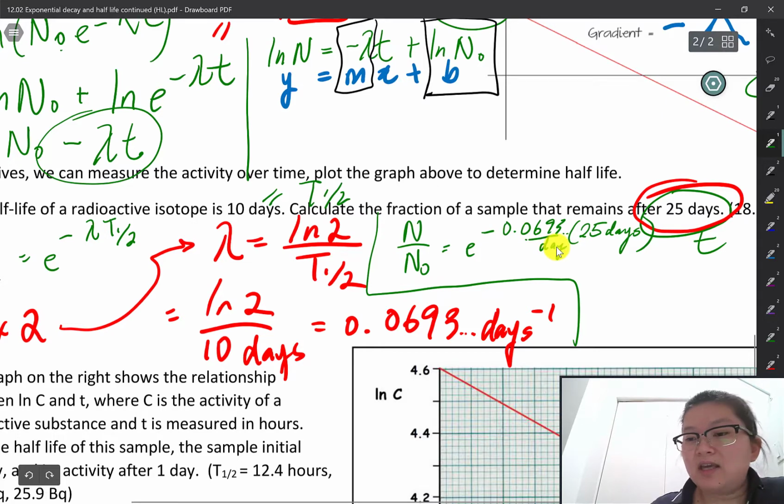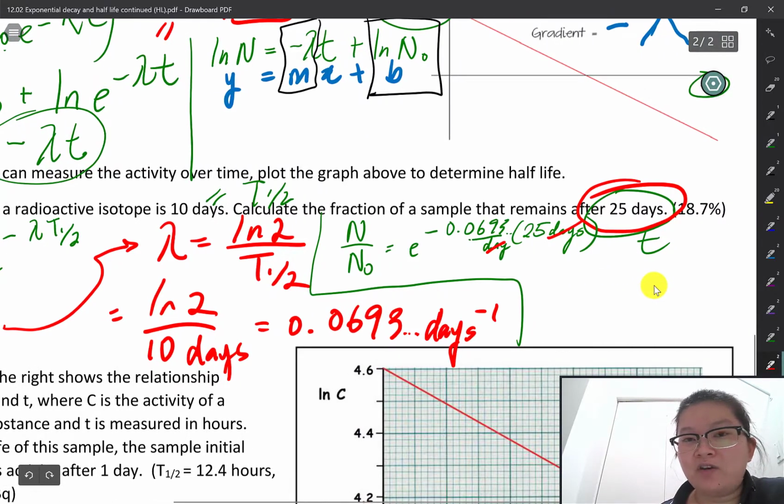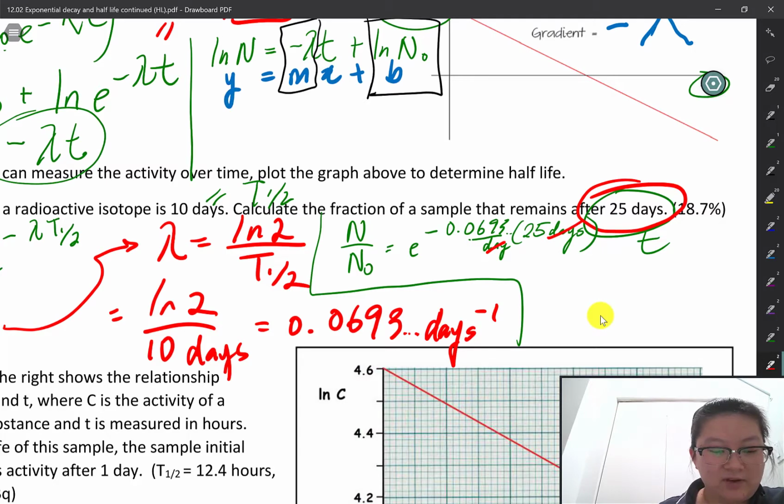So the days here, the units cancel out, which is just to show that it didn't quite matter if you converted your half-life into seconds or not. Essentially, as long as the units with the time match up when you calculate for the fraction here, then that's okay. So I essentially just take this number, I times 25, I make it negative, and I take e to the power of that number, and that's going to give me the ratio.